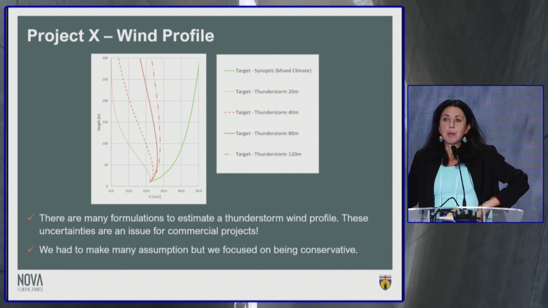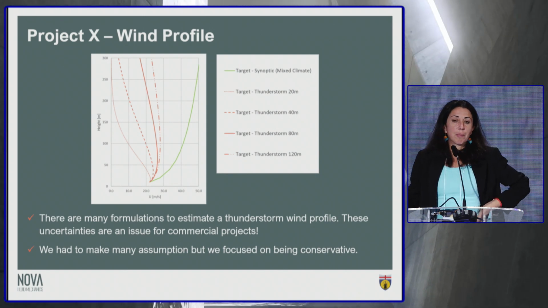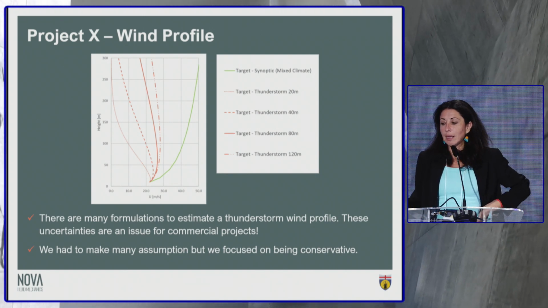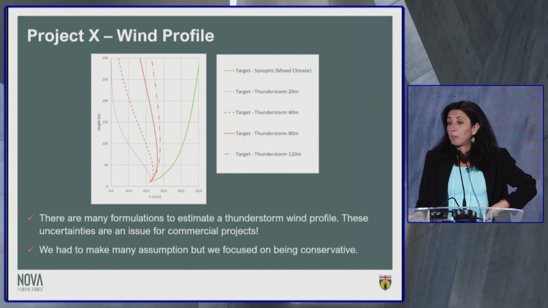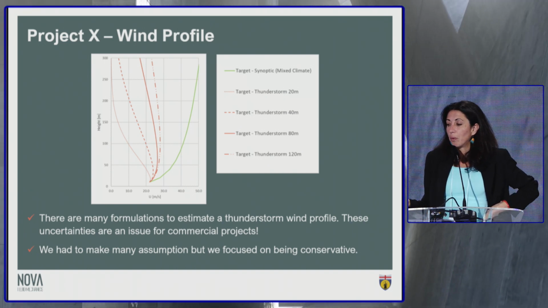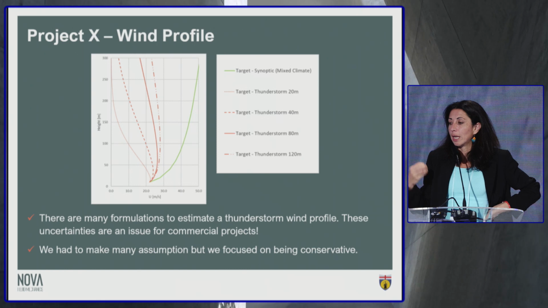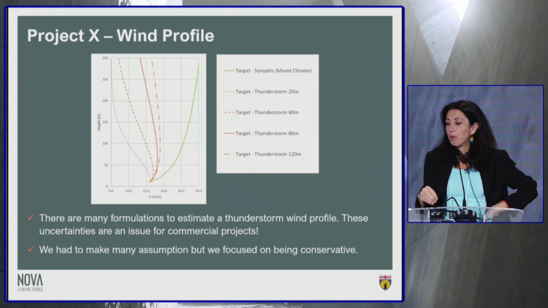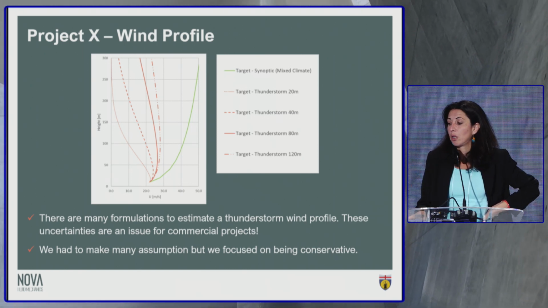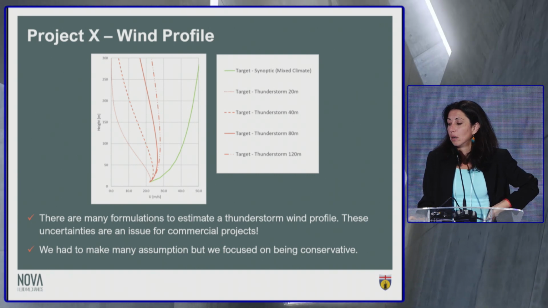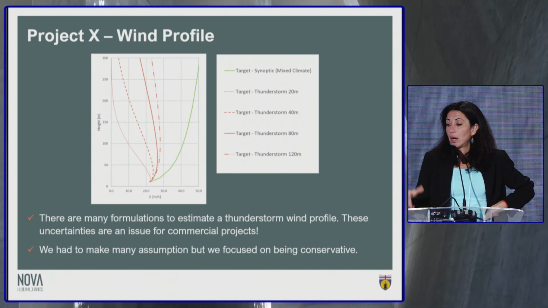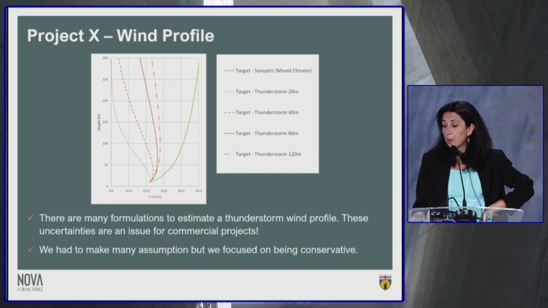It will be different maybe in Brazil near the coast, or in Brazil inland, and will be different in Italy. The same happens for synoptic events. They are not all the same in the world, and they change depending on the location where you want to calculate your profile. But we know how to do so for synoptic profiles, but we don't know how we would do that for thunderstorm profiles.